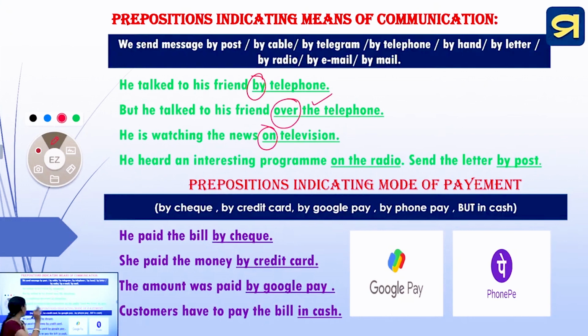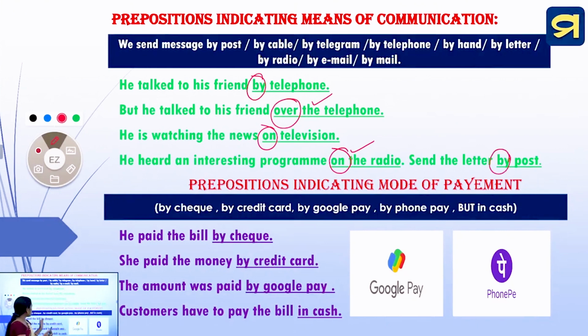But remember one thing, he heard an interesting program on the radio. So for television we are using on, but in this case on or by will be used. Send the letter by post.